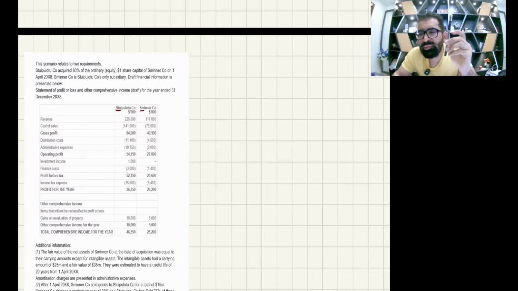So any problem in S company's income statement automatically goes into NCI. The short summary is: if the problem is in the parent company's income statement, it will only affect the consolidated income statement. But if there is an issue with income or expenses in S company's income statement, it will affect two places: number one, the consolidated income statement, and number two, NCI. This is the best concept to recall the complete lecture. Although you have done the lectures, but still.